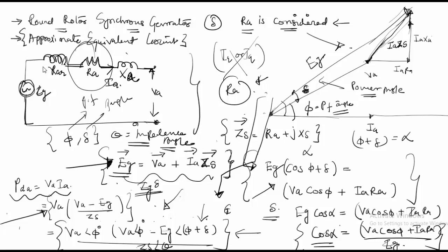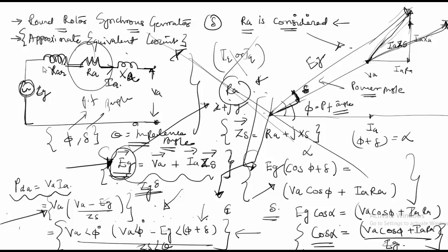If you are considering only for this phasor diagram, where you're considering this as your reference axis, and this is the delta which is making it with the x axis, so in that case when you're solving for this EG, it will resolve into x plus jy.